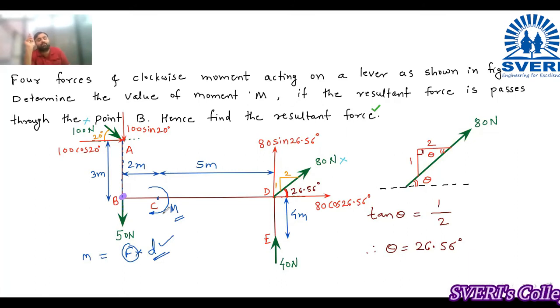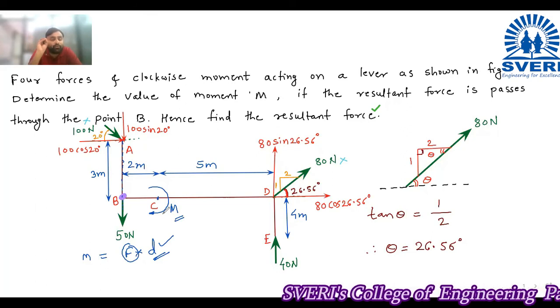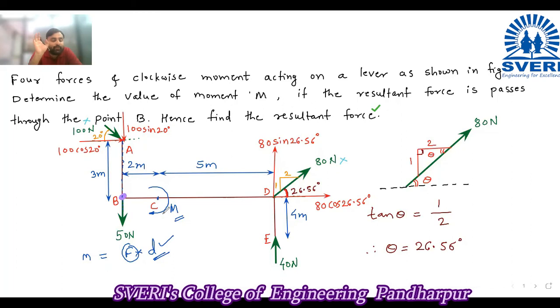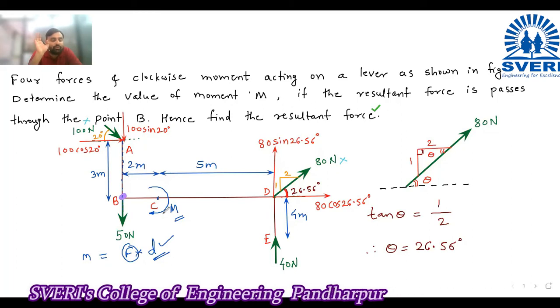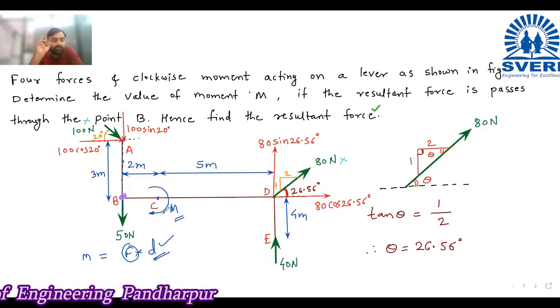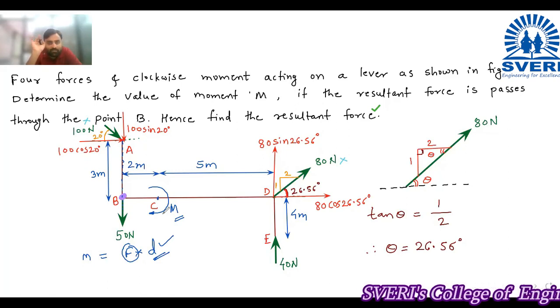Please remember this. We always multiply by a perpendicular distance to the force only. We don't multiply to the moment. So the important point is when the moment is directly acting on a body, then while doing the calculations, don't multiply the moment again by the distance.